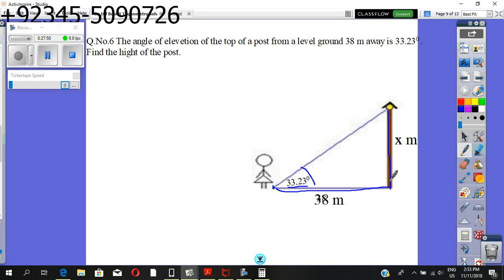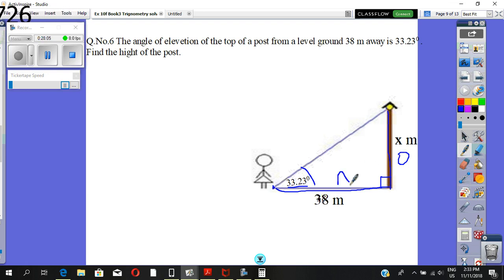We're supposed to find the height of this post. We have 90 degrees here, because the post stands vertically. Now we have the opposite of 33.23. This one is the opposite, and this side, 38, is the adjacent. Tan theta is equal to opposite over adjacent.